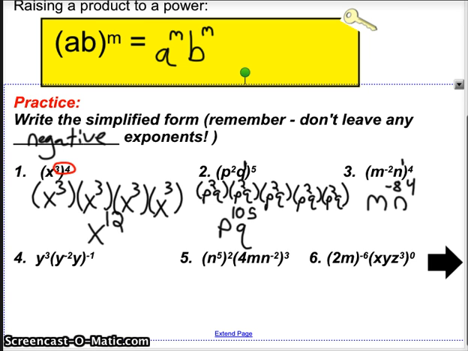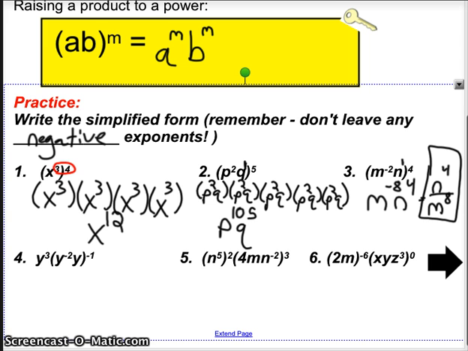But don't forget, we can't leave any negative exponents. So I'm not going to leave it like this. That m to the negative 8, remember, when you have a negative exponent, all you have to do is send it to the opposite location in the fraction. And so that would be the final answer that I am looking for.